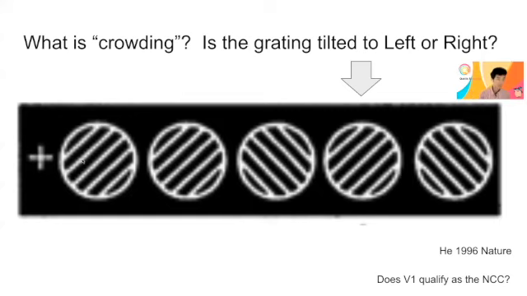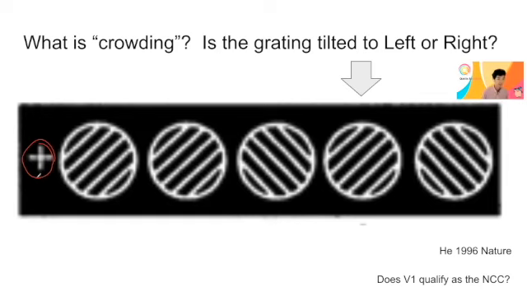If you look at this left fixation point here, it depends to some extent on your distance to the display. As long as you're looking here, you probably cannot see the orientation of this grating. If you look at it directly, it's clearly tilted to the left.